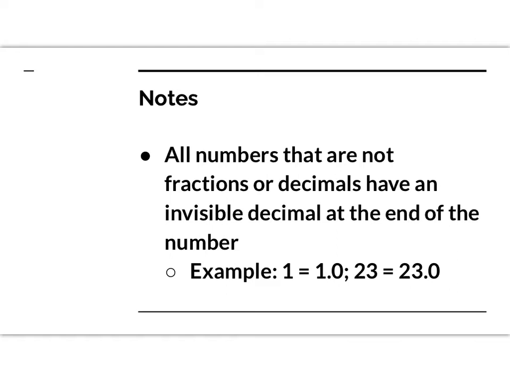But if you wanted to turn this into another number, you would write 1.0. 23, the same thing. You have a 2 in the tens, a 3 in the ones, and if you wanted to turn this into another type of number, which we will get to later on, it's 23.0. So there is a decimal there, but you just drop it because the value is 0.